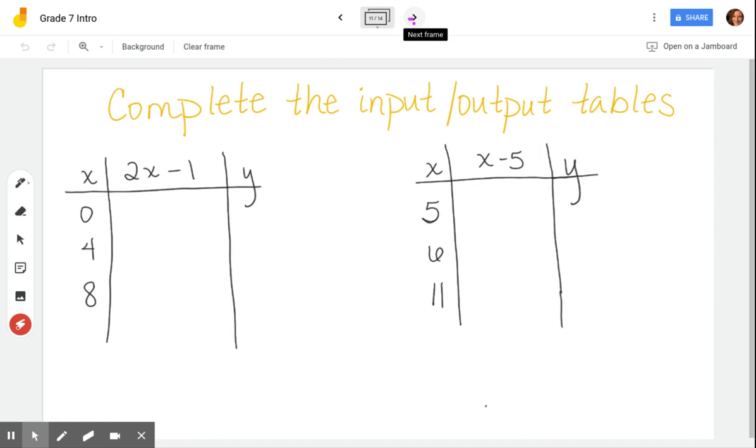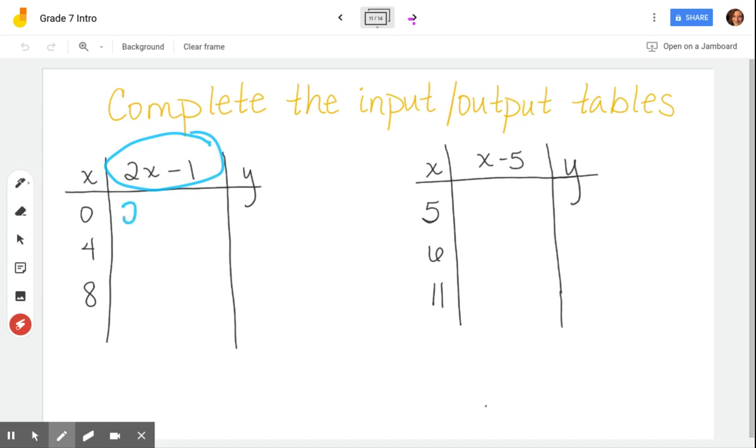So here's an example. I have an input-output table. I'm supposed to use the expression 2x minus 1. Let's assume we've been told we need to plug in a 0, a 4, and an 8. So this is like 3 separate little problems. If I put in a 0, remember 2x means 2 times x.